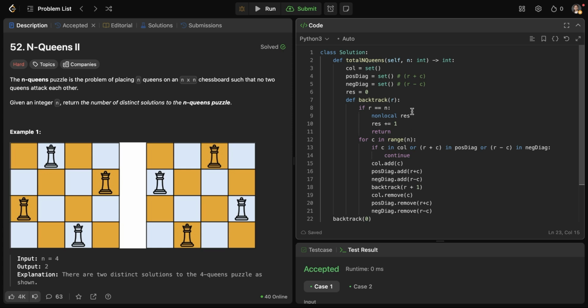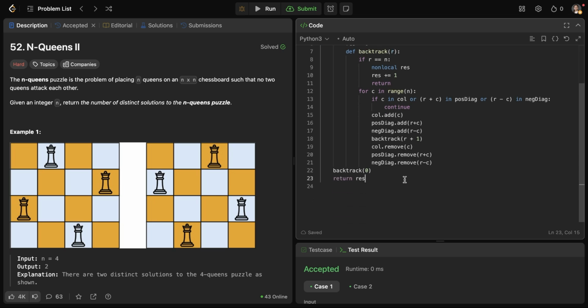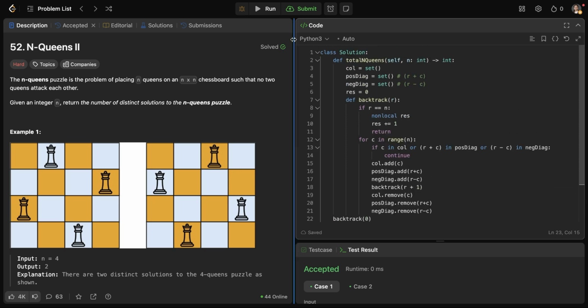Otherwise, if you have not reached that situation, you will go column by column in n columns, and you will check if any of those values have occurred in your sets. If yes, then you will bypass that solution and continue. If not, then you will add those values to your set, since you are visiting them now, and call backtrack on next row. Finally, you will do just the cleanup, call backtrack on 0th row outside the function, and return result. This is your entire code.